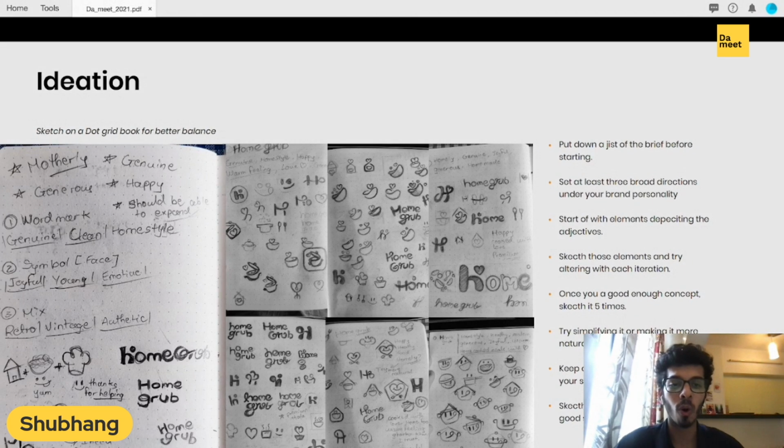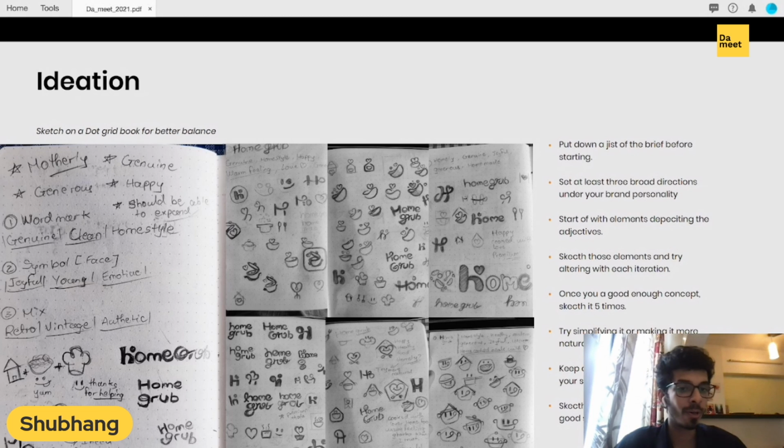So how do you go on with this? Because at face value, it seems like you can just keep on sketching ideas. If you are a designer, then you would understand how difficult it is to sketch these different new ideas. So how do you do that? Is there a process for that?